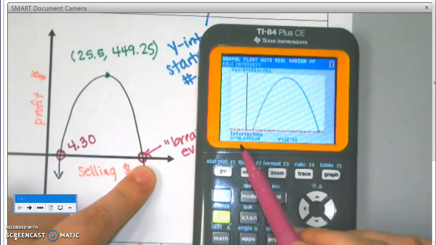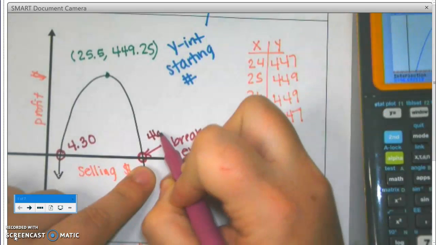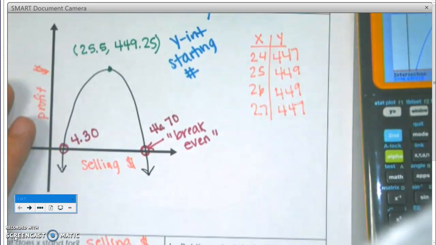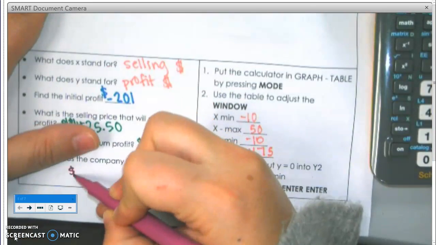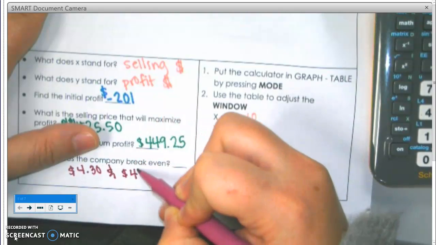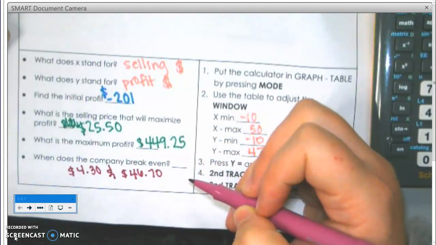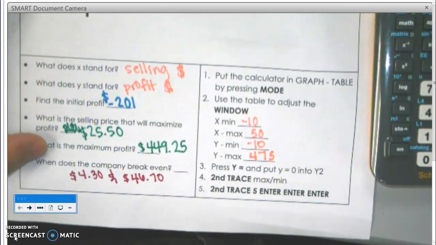So this intersection, that break-even point is 46.69, but after the 9 is a 5, so that's going to round the 0.69 up to 70 cents. So 46.70. So those are my 2 break-even amounts. $4.30 and $46.70.